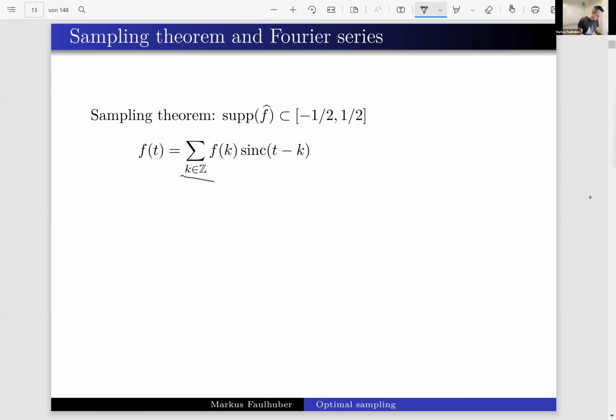And all we need to do is use the sinc function here, which in my notation, sinc of t is sine of pi t over pi t.